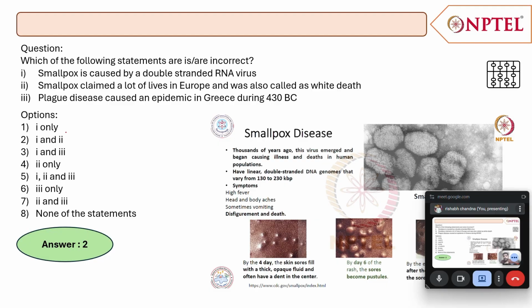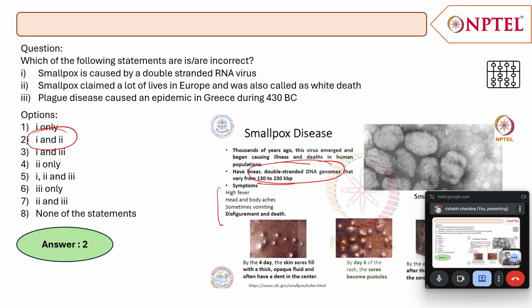That means first and second are incorrect. Let's see about the smallpox disease. This is a virus that emerged, causing illness and death in the human population, and it has a double-stranded DNA genome that ranges from 130 to 230 kilobase pairs. Its symptoms include high fever, headache, body aches, sometimes vomiting, and disfigurement and death.